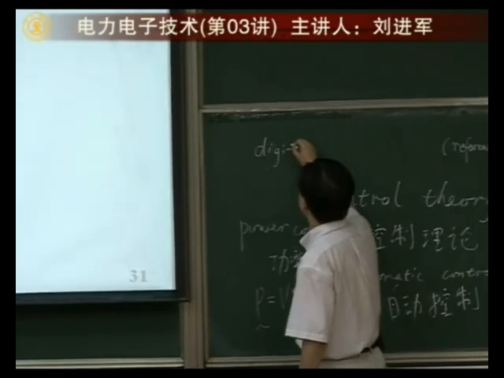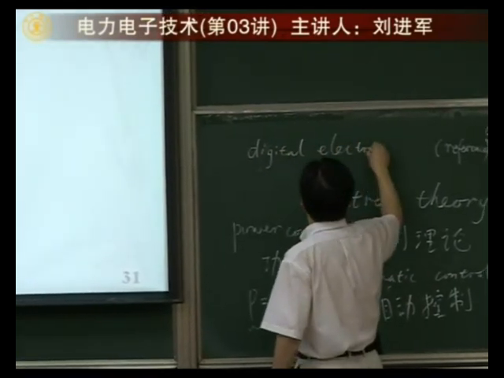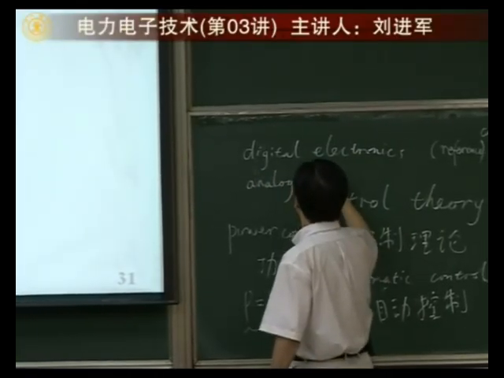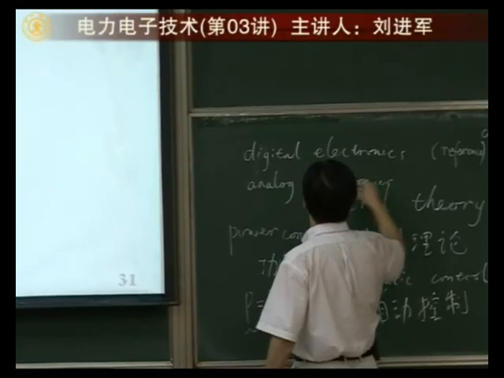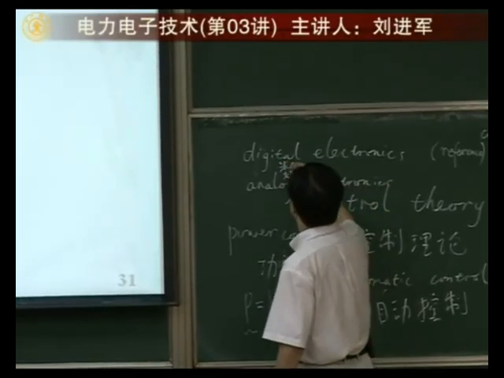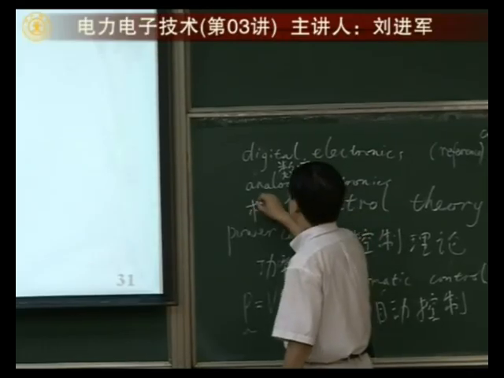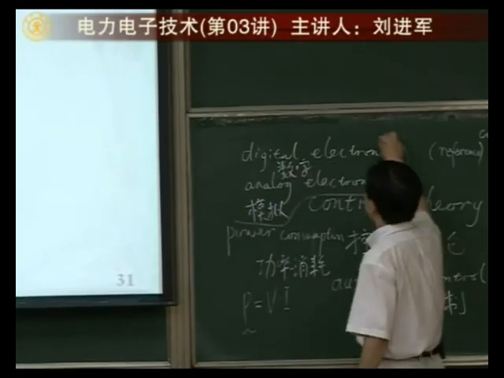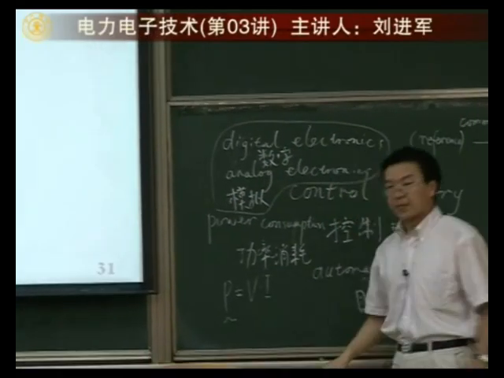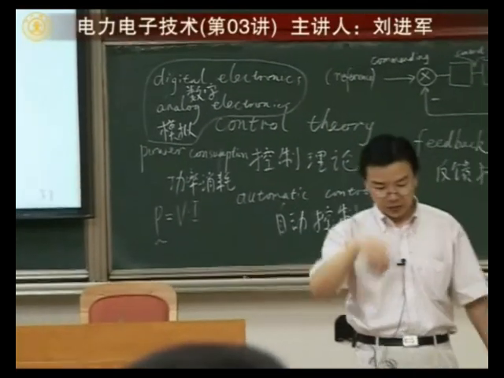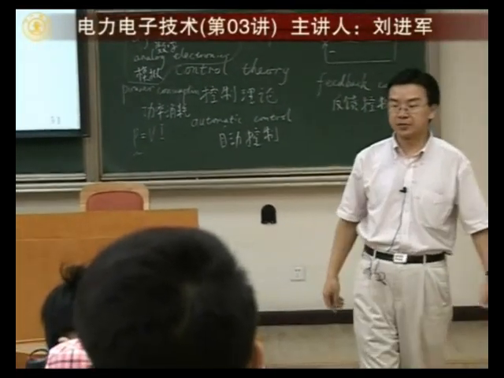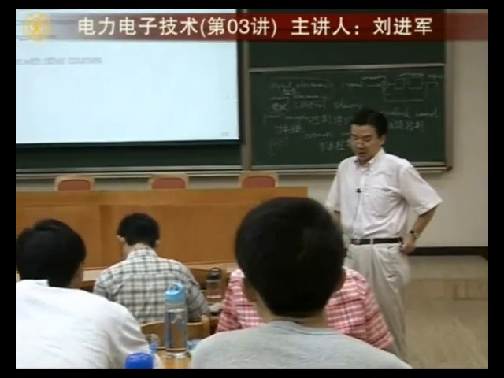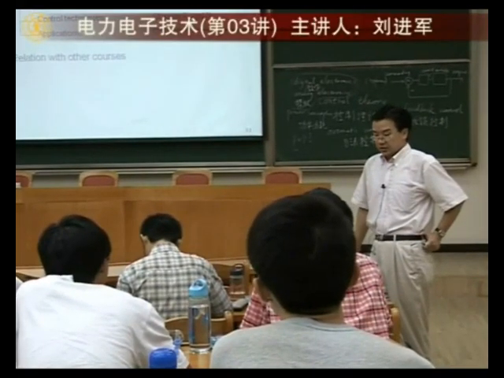One is digital electronics, and the other one is analog electronics. If I'm correct, then I believe what you learned last semester should be digital electronics. Is that right? No? Analog? Okay. So you already learned analog electronics.